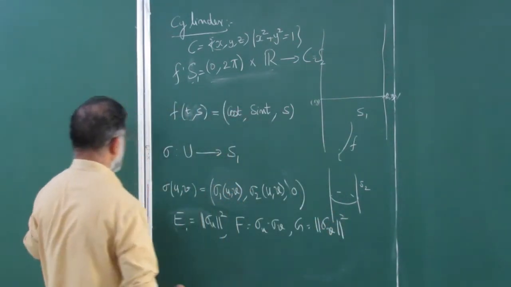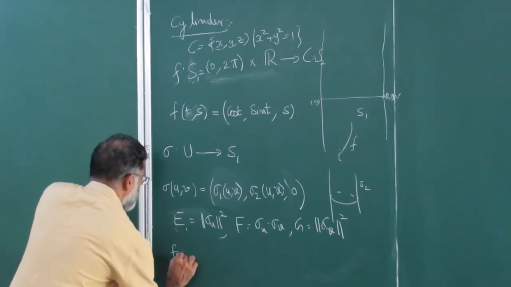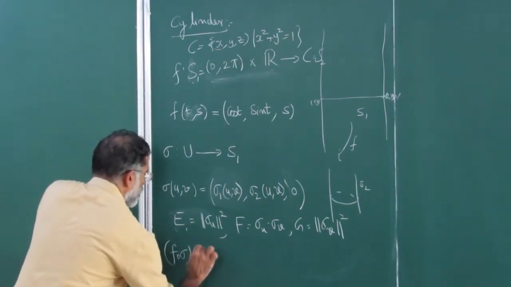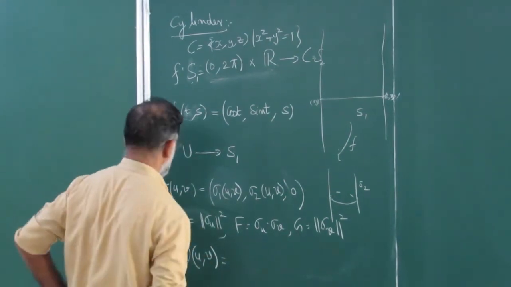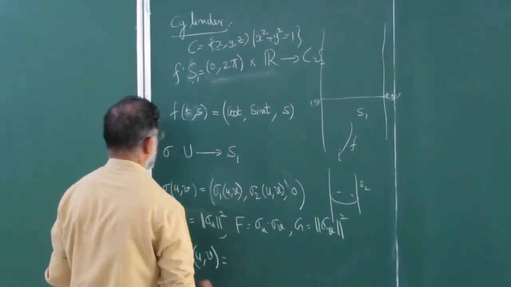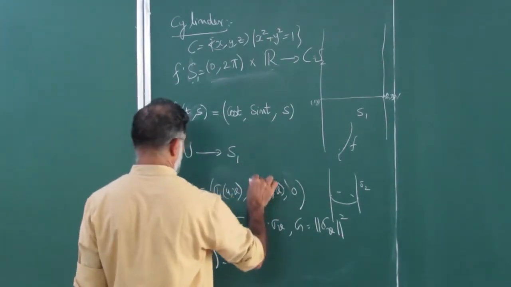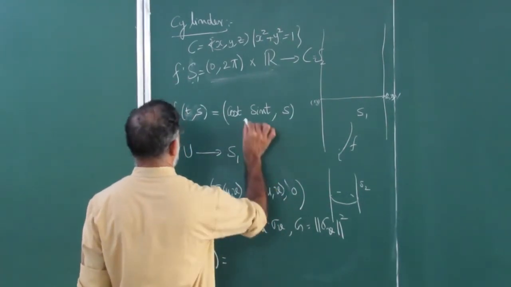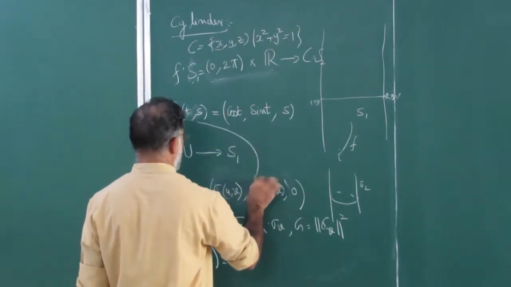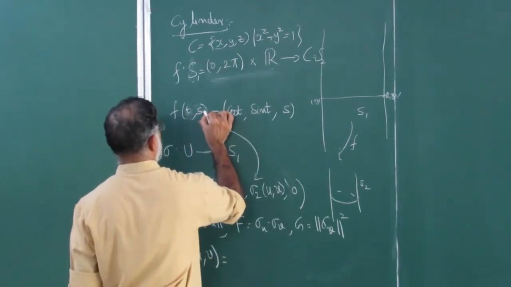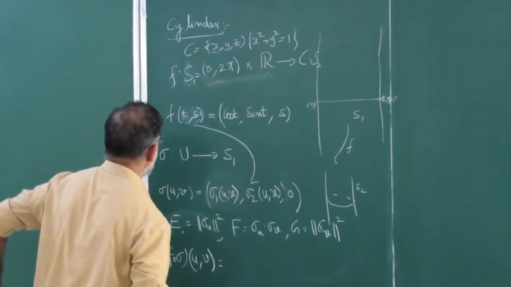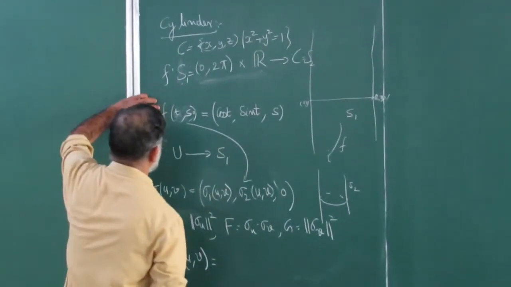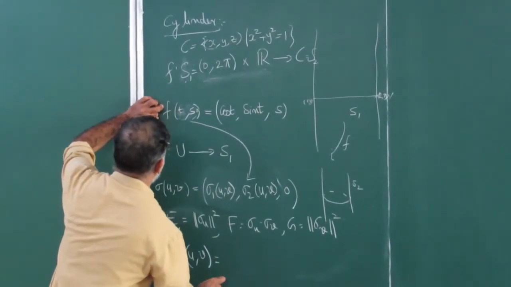Now you have to look at F composite sigma. What is F composite sigma at u, v? This we have to write down. We are identifying f of t, s with cos t, sin t, s. So let us write down what we get.